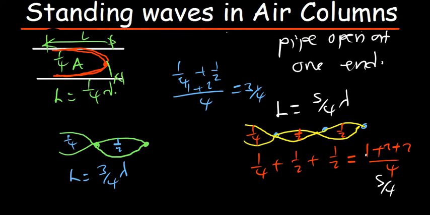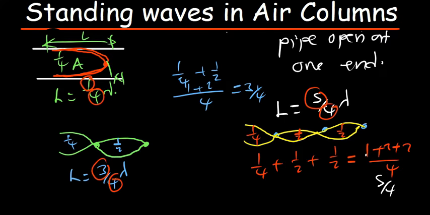Now I can clearly see that as we go on, the denominator will not change. The only thing that is going to change is the numerator. So we have 1 at first, the second one is 3, then the third one is 5, so it's 1, 3, 5, 7.